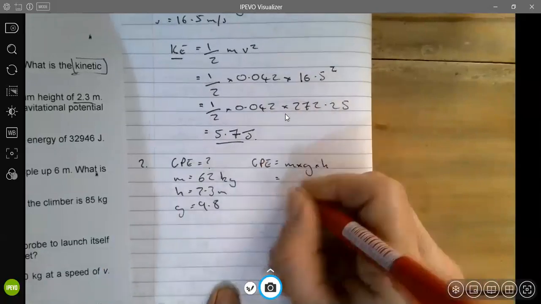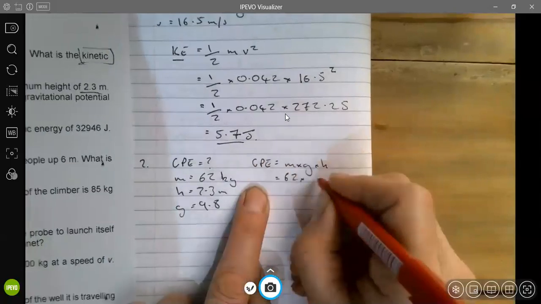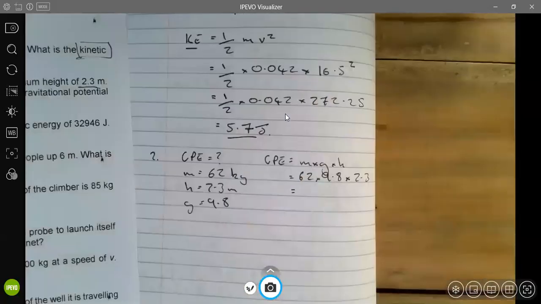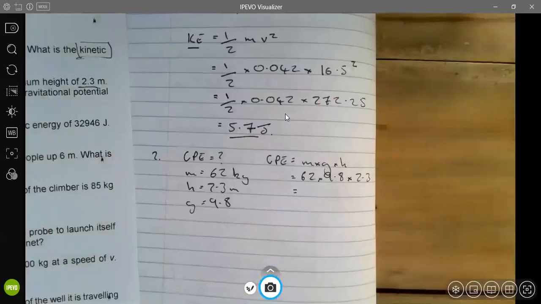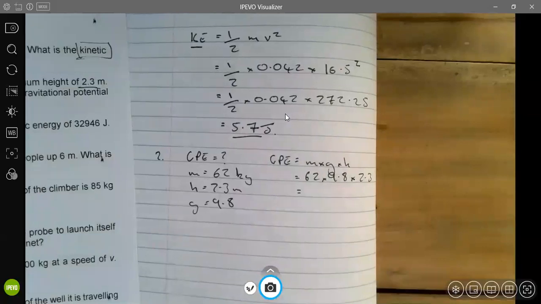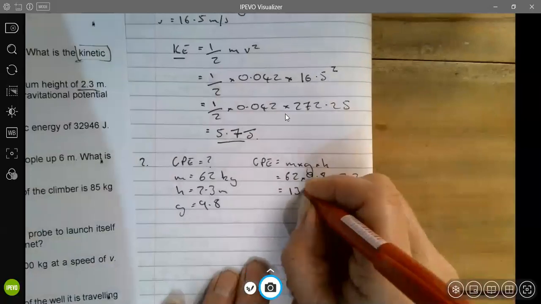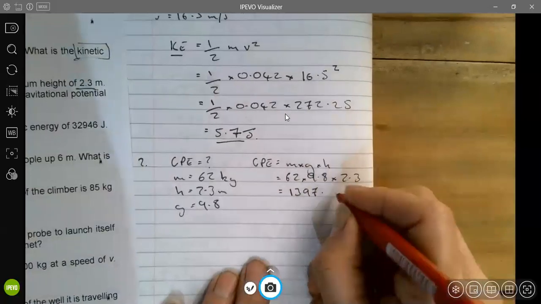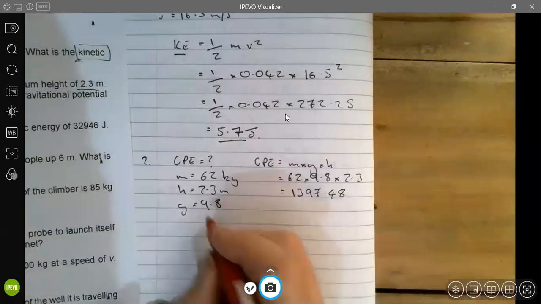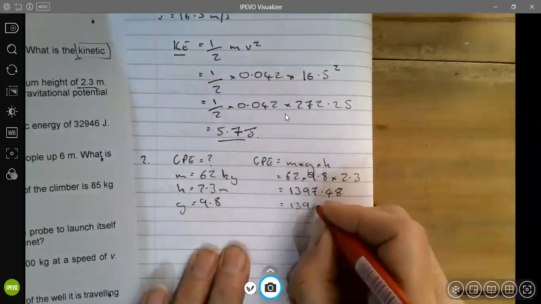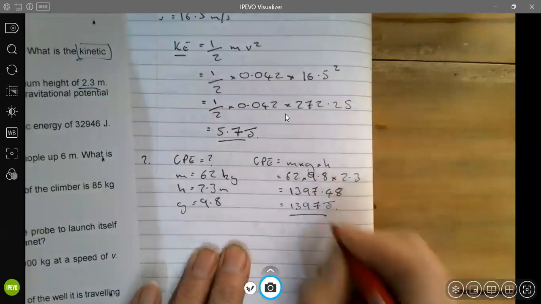Insert our numbers: 62 times 9.8 times 2.3, and just multiply it out. That will give us 1397.48. I'm going to round that down in this case, so it's 1397 joules.